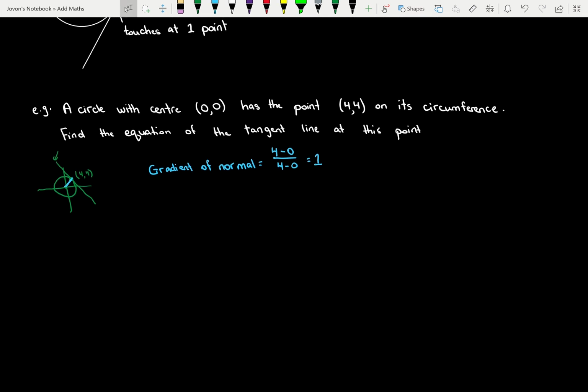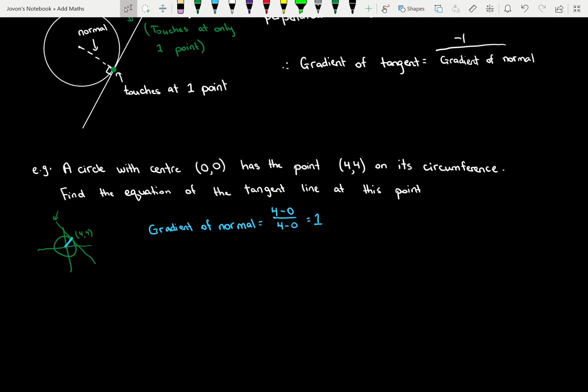Remember the properties of perpendicular lines. Therefore the gradient of the tangent would be equal to minus 1 over the gradient of the normal, which is 1, so it is equal to minus 1. The gradient of the tangent line is minus 1.